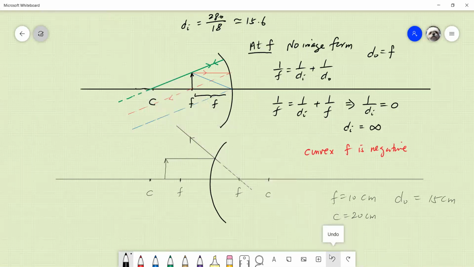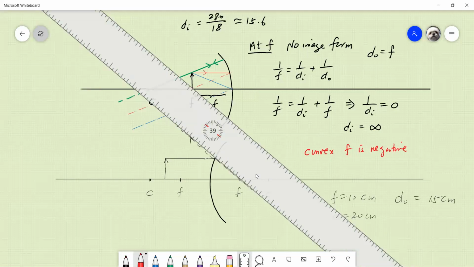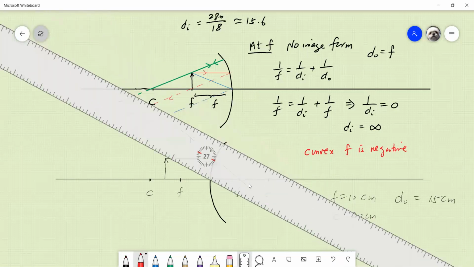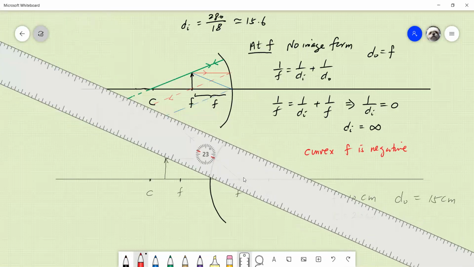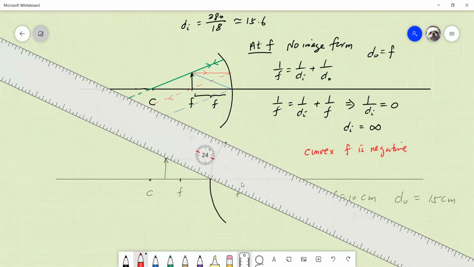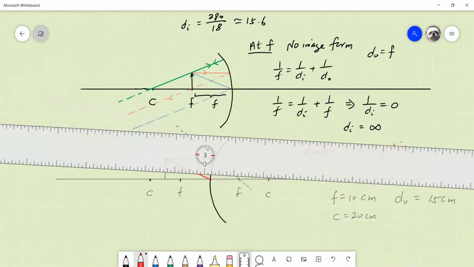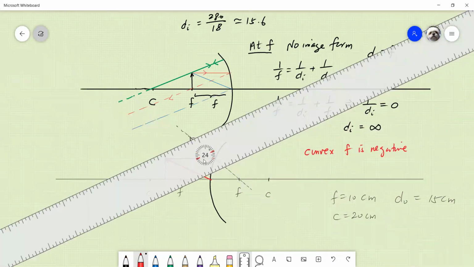Now I try to draw the dashed line, right? Then the other ray, what is the other ray? It's the same thing. If you have the light hitting the vertex, it's going to reflect and behave like a plane mirror right here.